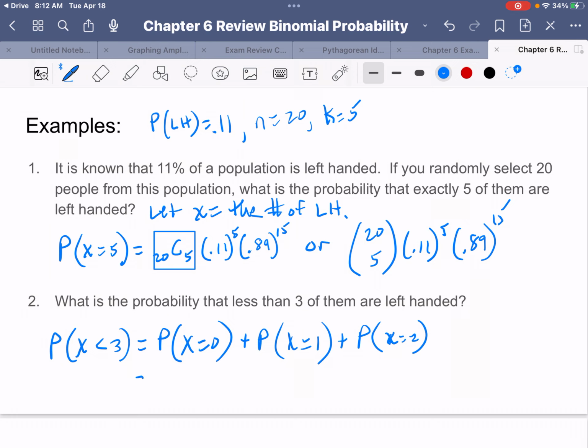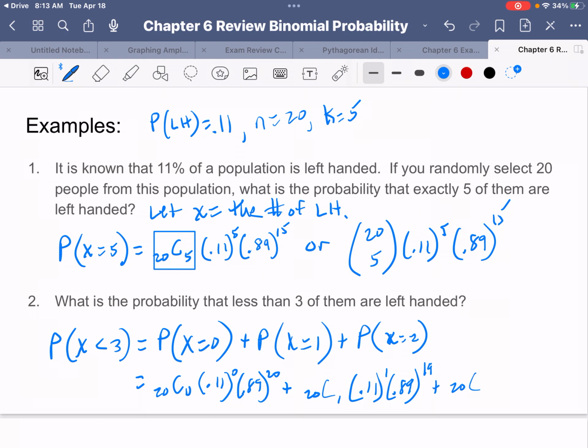So then you need to be able to find the multiple choice answer that looks like this: 20C0 times 0.11 to the 0 times 0.89 to the 20th, plus 20C1 times 0.11 to the first, 0.89 to the 19th, plus 20C2, 0.11 to the second, 0.89 to the 18th.